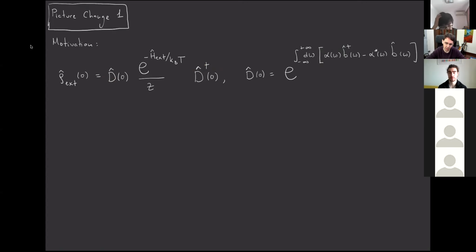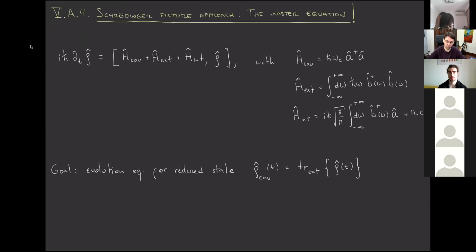But here, it's really important that we do it because I remind you that we are going to do perturbation theory in the interaction. But for that, we need an interaction that is small compared to the cavity Hamiltonian, for example. Then this is not the case in general if you allow this B to have a mean value, to have an expectation value that is non-zero.